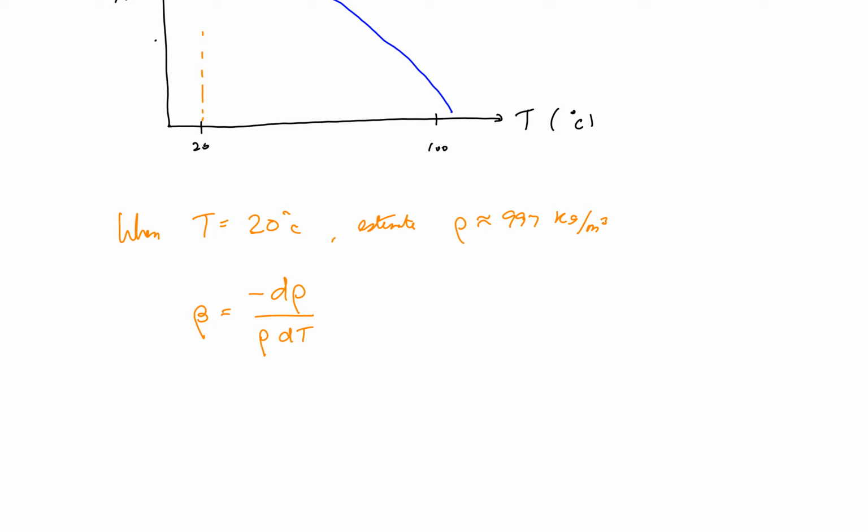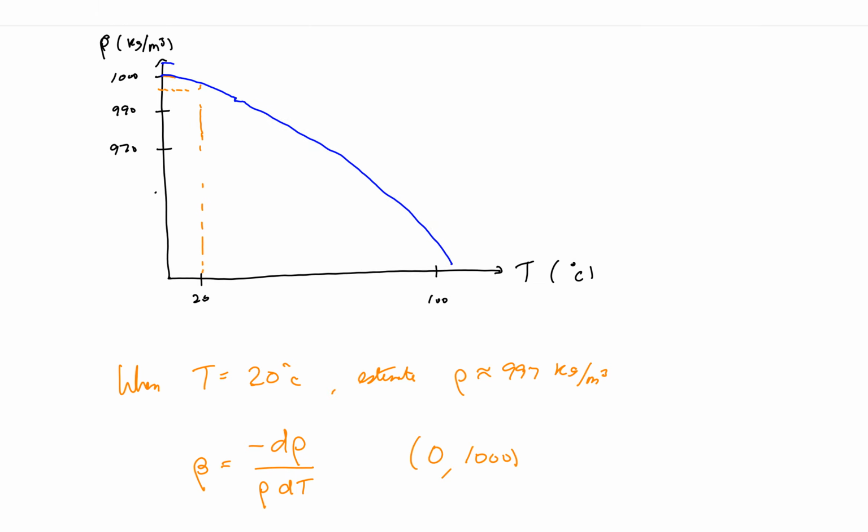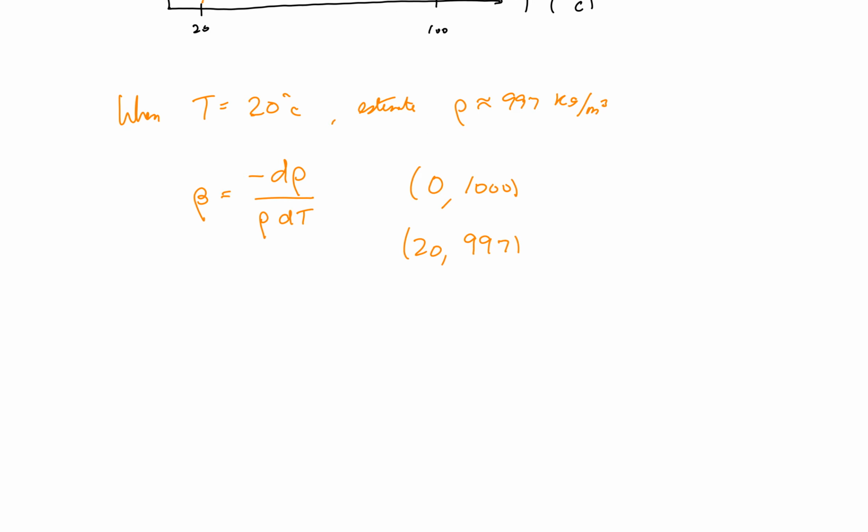And so we can look at our points here. We have 2 points. I have 0, 1,000. That's why I wanted the graph to go through 1,000. And then the point 20, 997. So for our points, dT is equal to 20 minus 0, so 20.